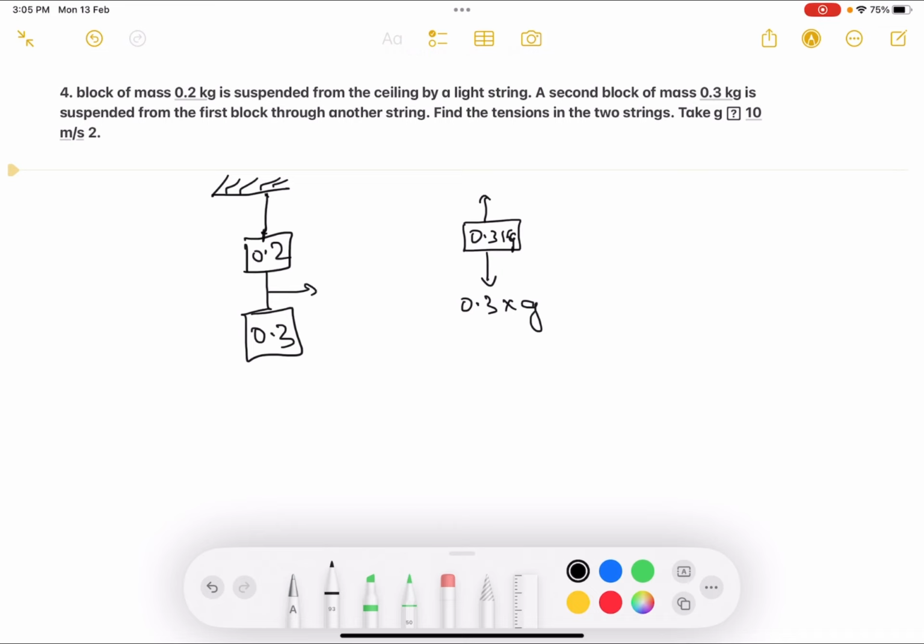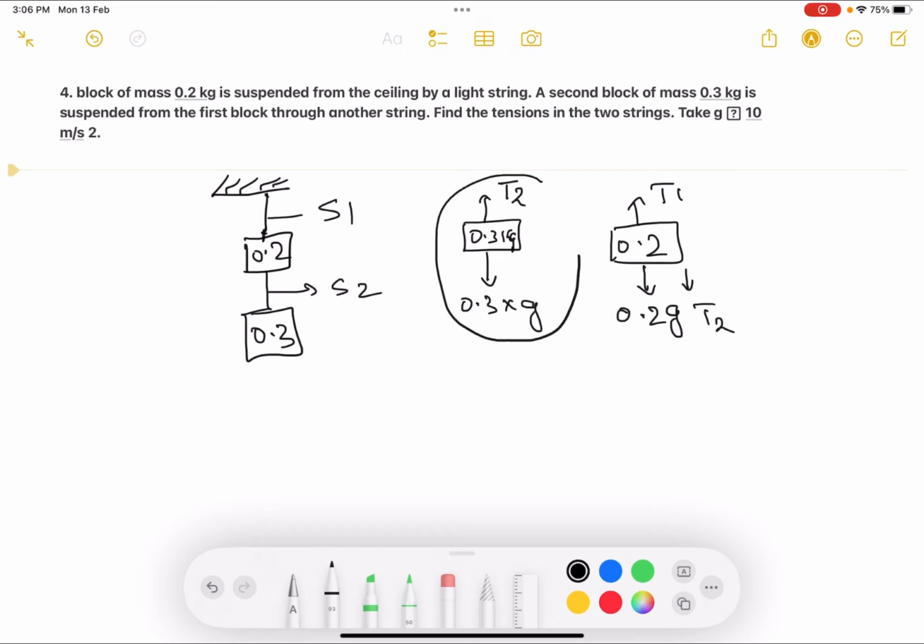Let's say this is string 2 and this is string 1, so this will be T2. This is the second block. Now looking at the first block, we have a 0.2 g force downwards, a T2 force downwards and a T1 force upwards.